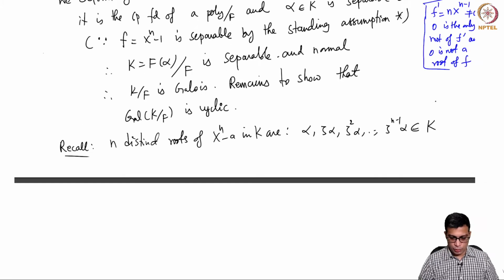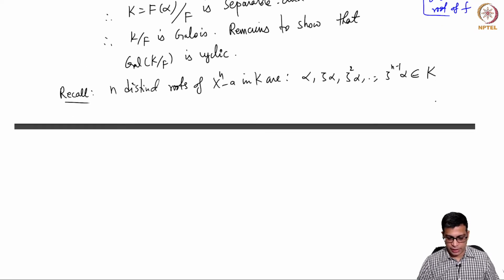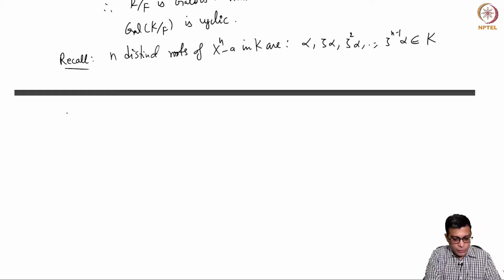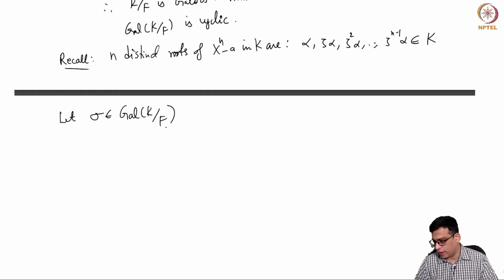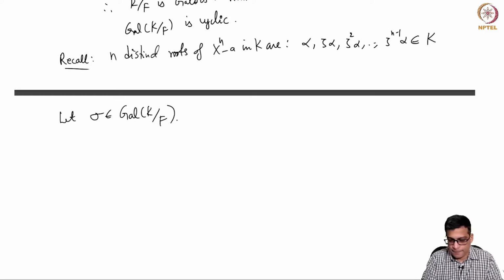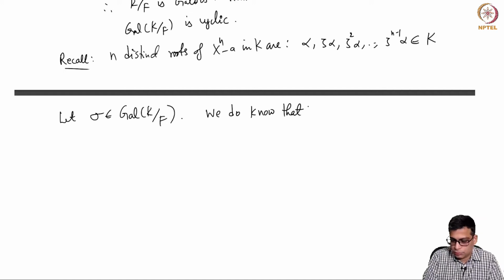Okay. Now, we are going to show that the Galois group is cyclic by exhibiting a cyclic group which contains the Galois group as a subgroup. So, for this let us note the following. Let us take the Galois group of k over F and take an element sigma of this. Then we do know that alpha to the n is a.